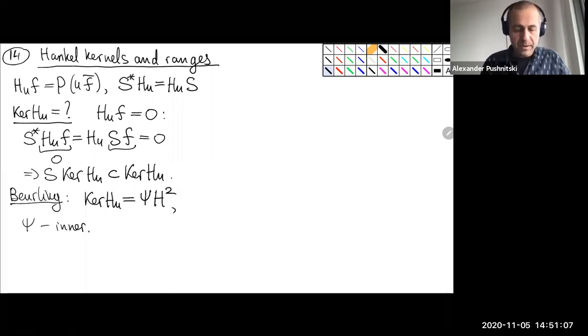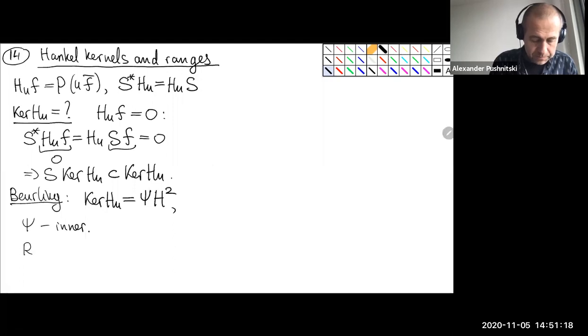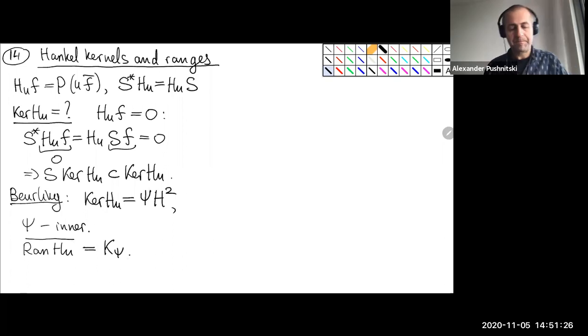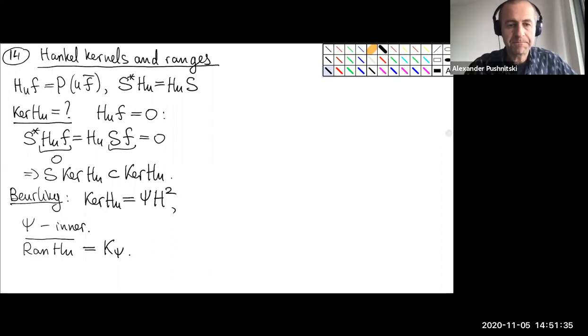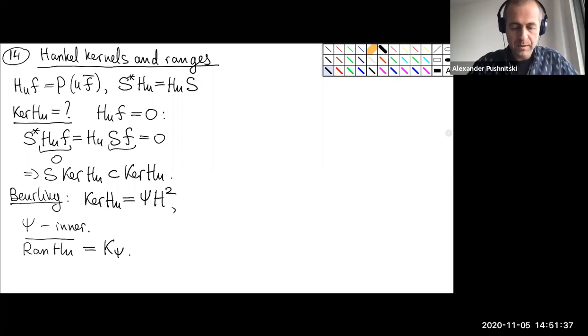Now, because the range of an operator is the orthogonal complement to the kernel, rather the closed range, we see that the range is the model space. So in some sense, when you look at the action of a Hankel operator, everything takes place in a model space.